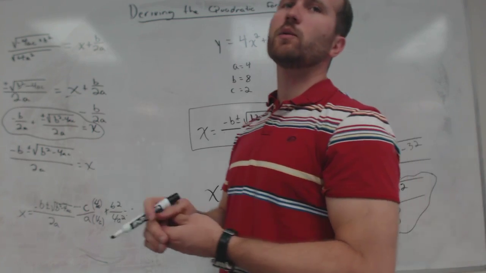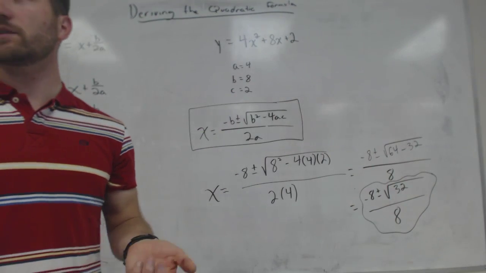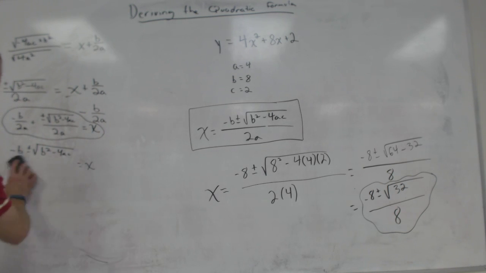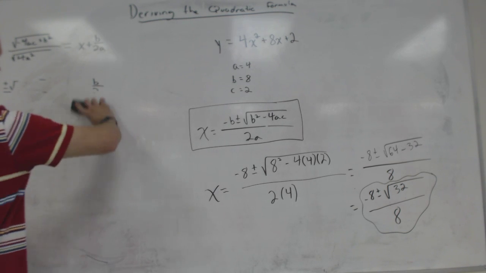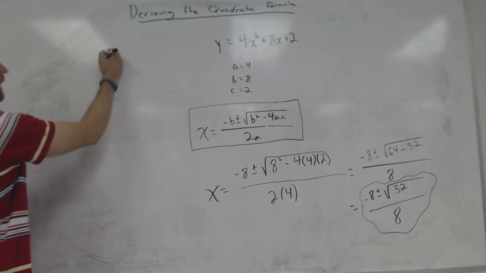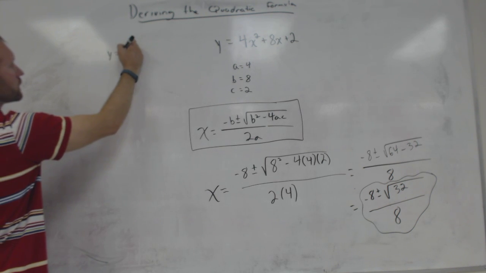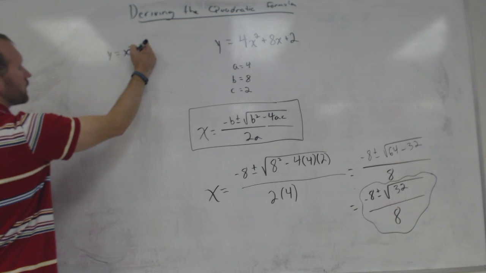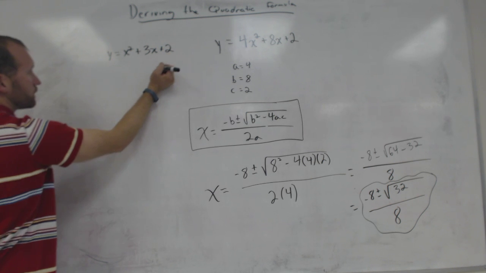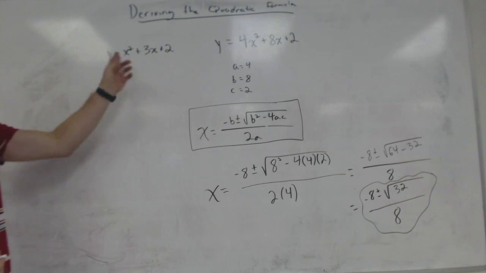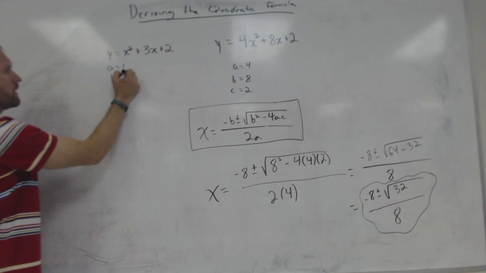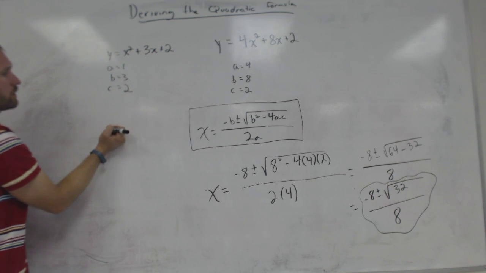Now, will this also work for things that you can factor? Yeah, totally. Let's think of one that we know how to factor. I don't necessarily think it's easier. So if I had y equals x squared plus 3x plus 2, I could use the quadratic formula to solve this. A is 1, B is 3, C is 2.